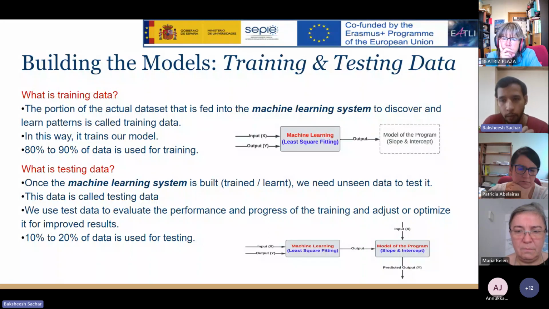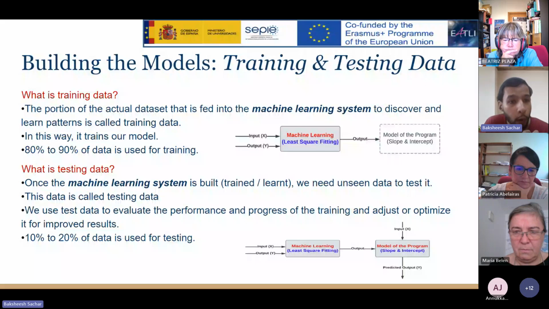Has anybody experienced this? Maybe you can unmute and tell me if you have experienced this. Yes. So that is how the camera is being trained to understand what a human face looks like, and that is based on the input. I'll also show you how these data sets work.